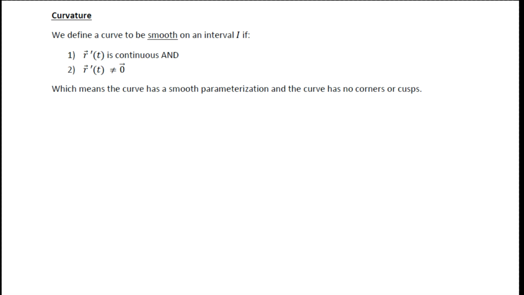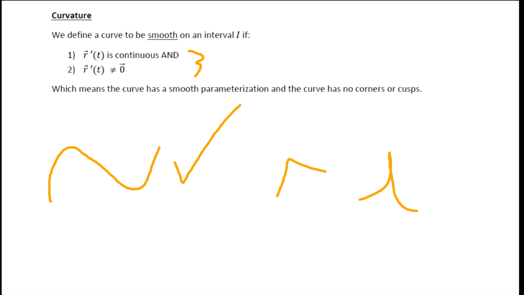We need that rigor. A curve is going to be smooth if its first derivative is continuous and its first derivative is not the zero vector. If we can verify these two things, we know that our function is going to be smooth, which is good. And it's not going to have any corners or any cusps.